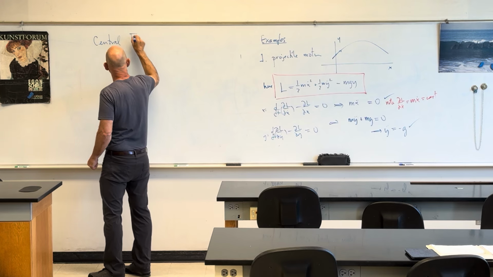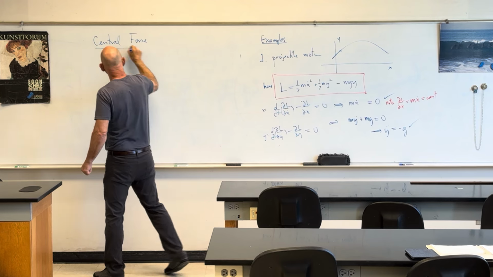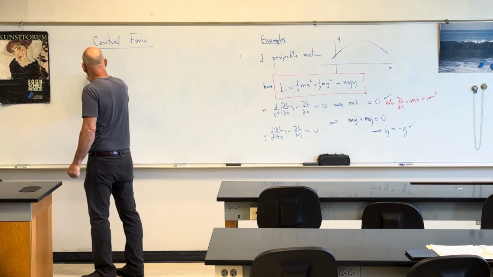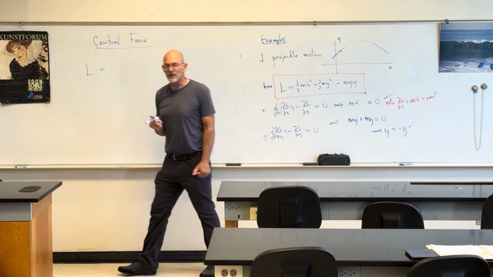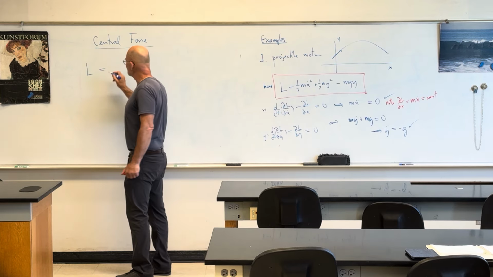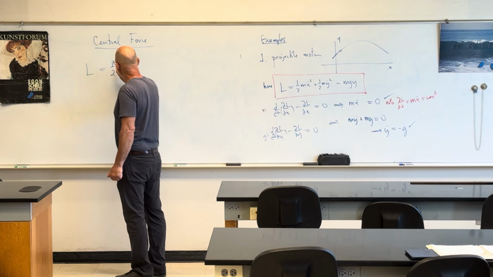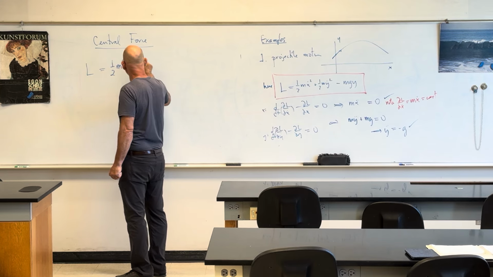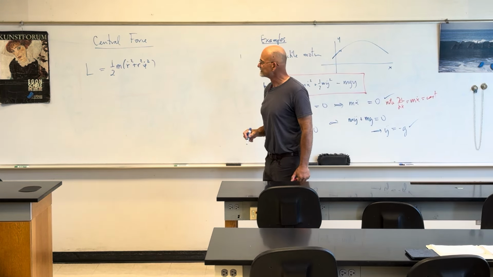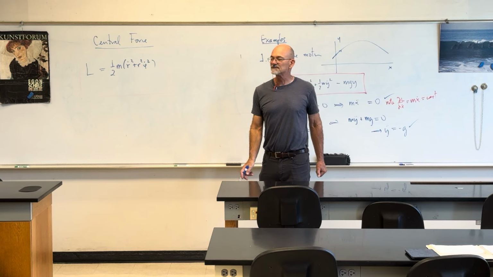So central force, and instead of going through the entire development, we'll just remember what the kinetic energy was once we were in plane polar coordinates. Remember the kinetic energy in plane polars? Half m, r dot squared plus r squared phi dot squared. You guys remember that, right?